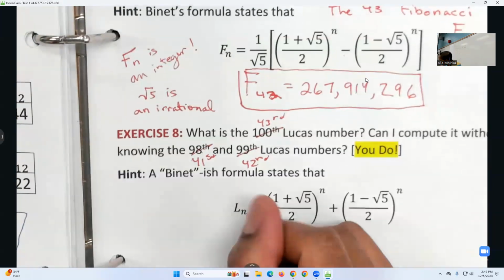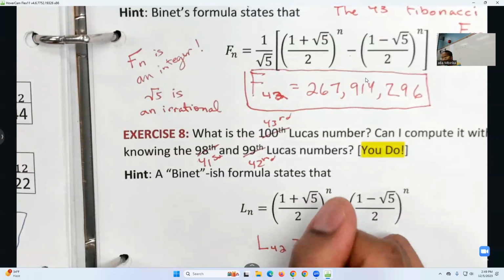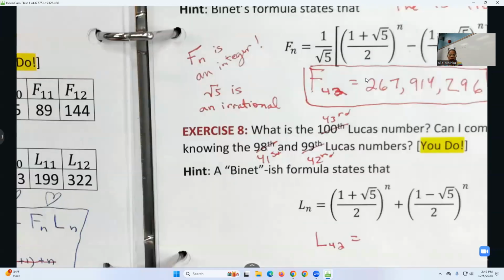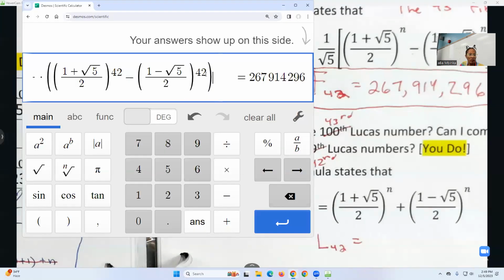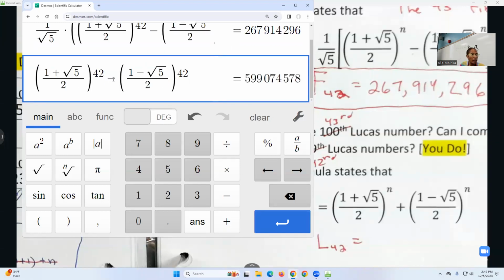So we can say L42 equals, and we'll shoot off to Desmos land again, because we can just copy and paste most of that code and change a minus to a plus.